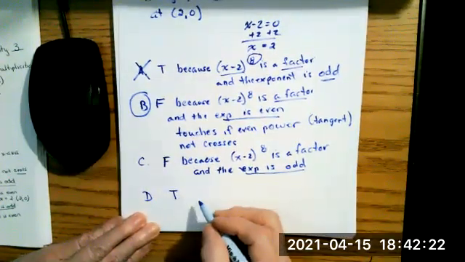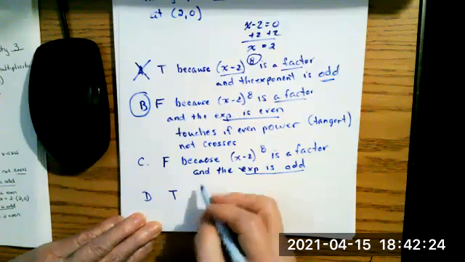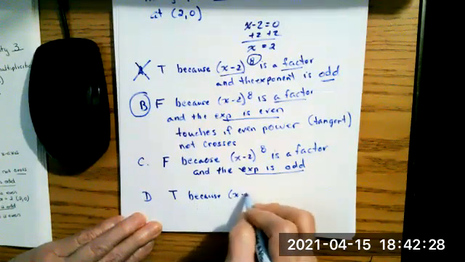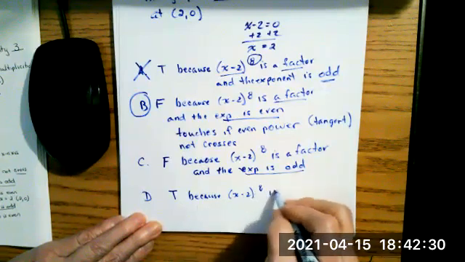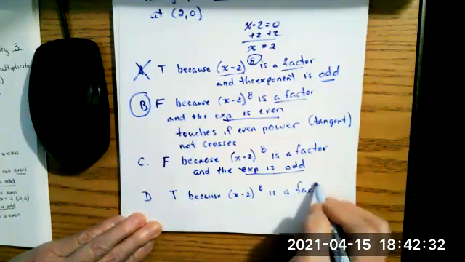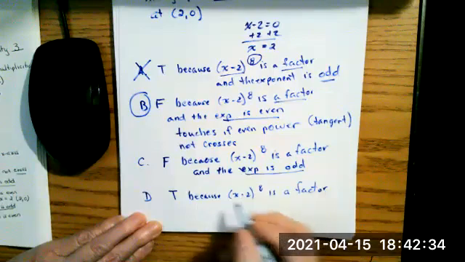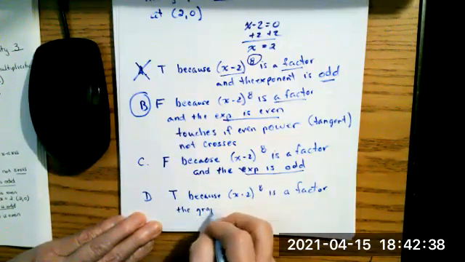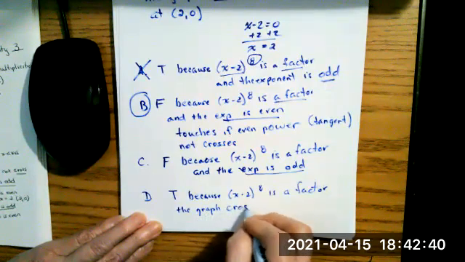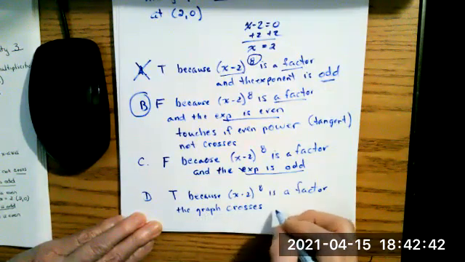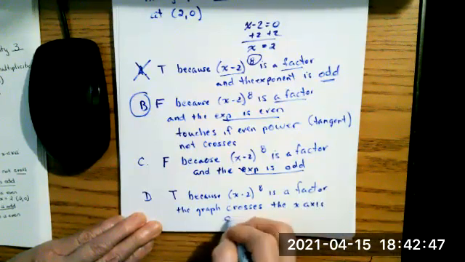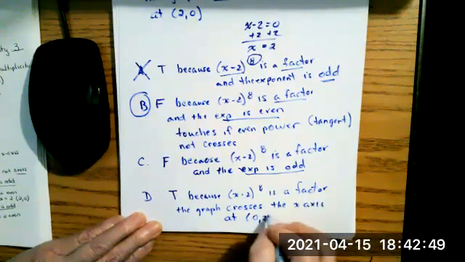Well, you know it's not true because it doesn't cross it. But it says because x minus 2 to the 8th is a factor, the graph crosses the x-axis at 0, 2.